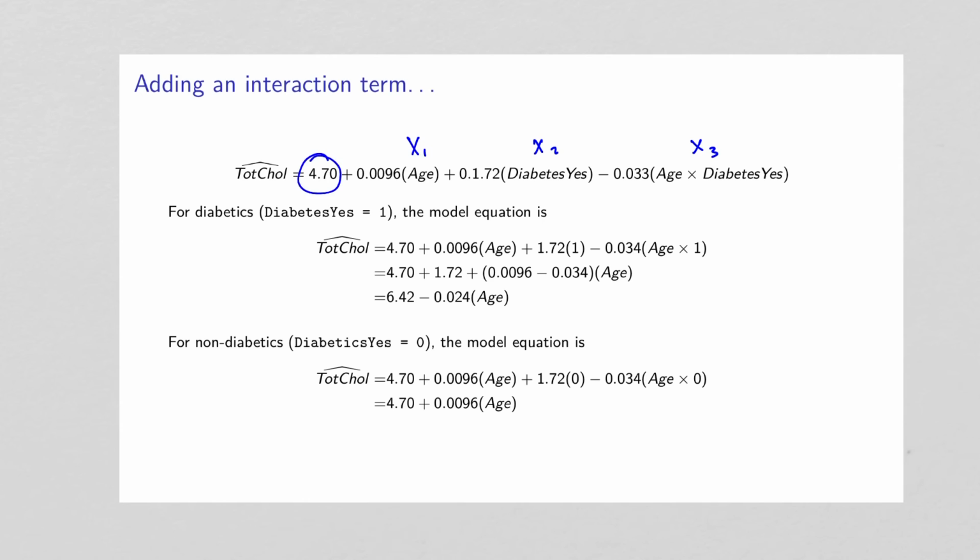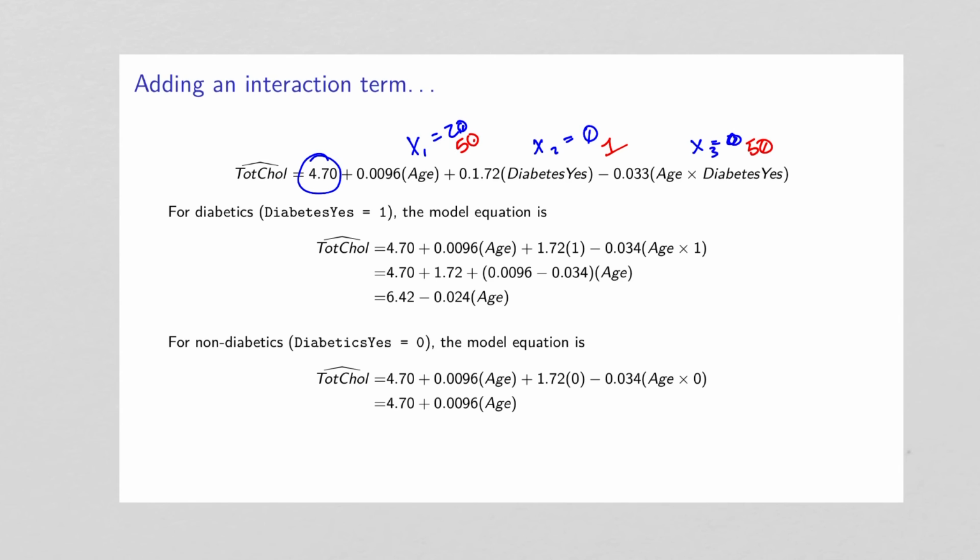And this will be your total cholesterol, which doesn't make sense because who has a total cholesterol of 4.7? But if somebody is 20 years old, with no diabetes, then what is 20 times 0? 0, right? But what about somebody who is 50 years old and is diabetic? The x1 x2 will be 50, right? So that kind of thing is something to have in mind when you're looking at these formulas. What do they mean, right?